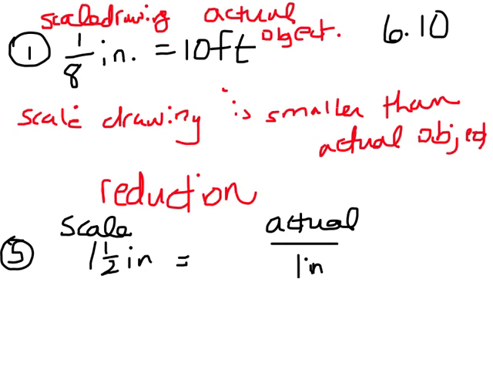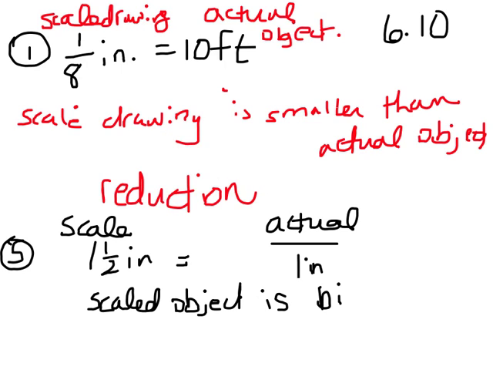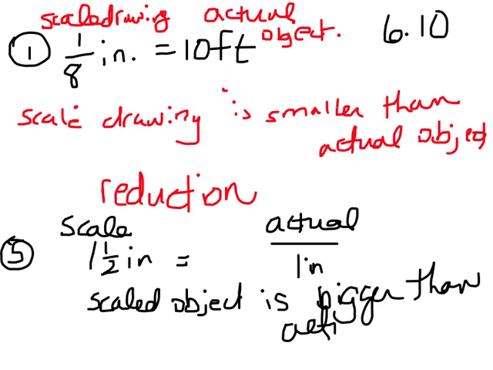So is the scale smaller than the actual object, or is it bigger than the actual object? It's bigger, okay? So the scaled object is bigger than the actual. And so this is an enlargement. Do you see what they're doing now?